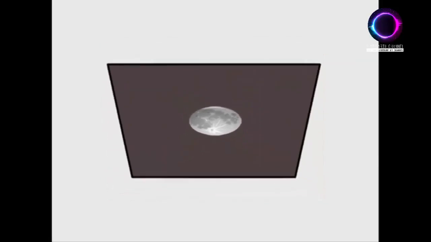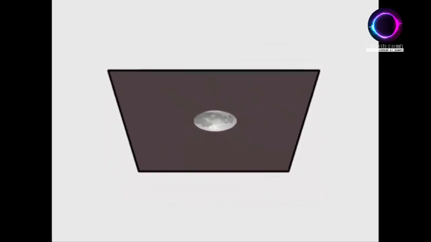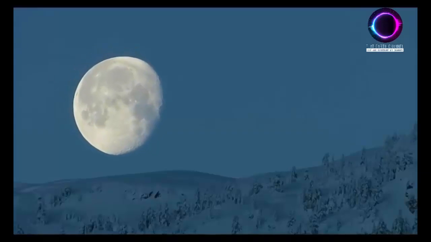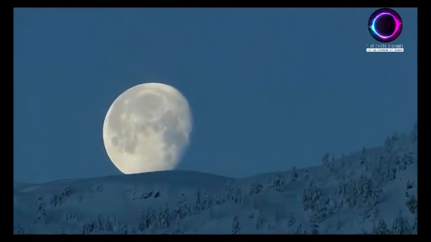Also, as I pointed out in part 1, it would shrink and disappear as it moved away, like this, if it were only due to perspective, as flat earthers claim. It never does this. It slides behind the horizon at the same shape and size as it was when it was overhead.